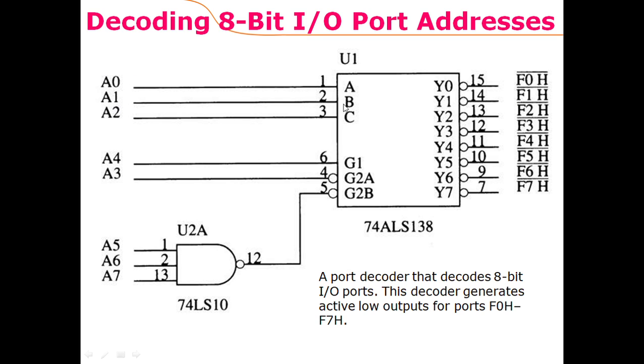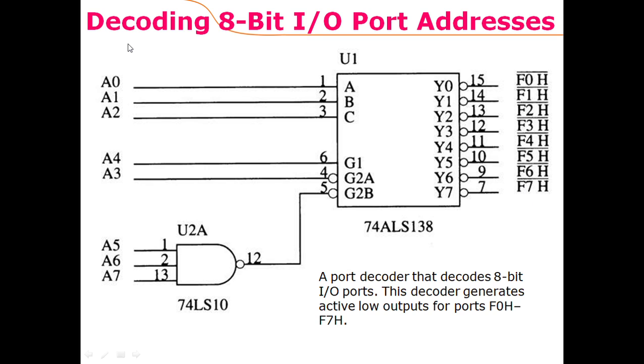So if all of these are 0, we have 4 ones in the most significant bits, which is why we have F here, and for the first address these 3 bits are 0, and A3 is always 0, so we would get 0 here, the hexadecimal digit 0. For the next address F1, for the next address F2, F3, and finally F7.